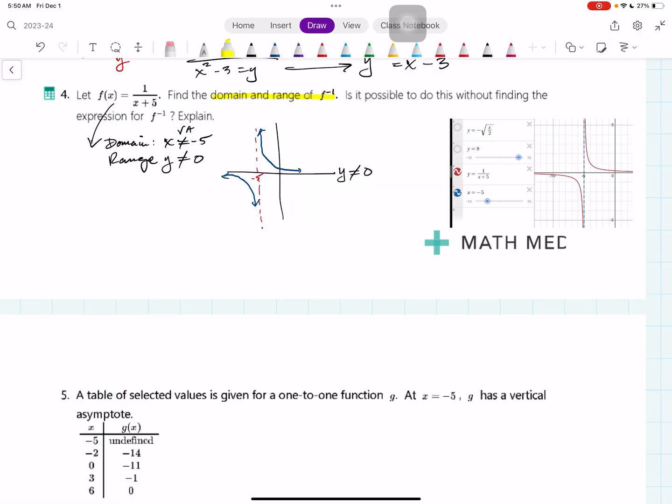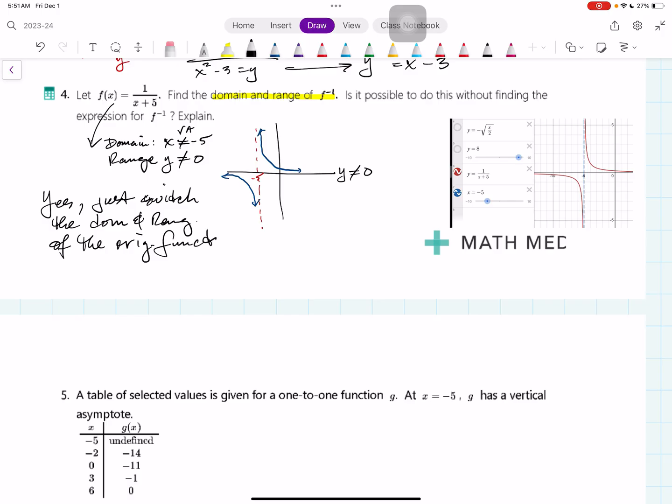And I'm going to say yes, because all you have to do is switch. So yes. Just switch the domain and the range of the original function to get the domain and range of f inverse.